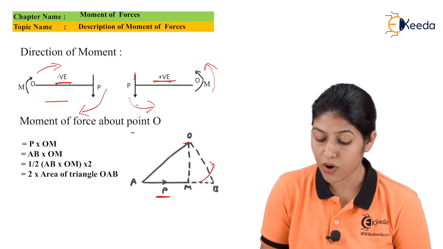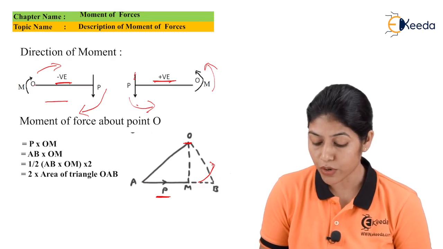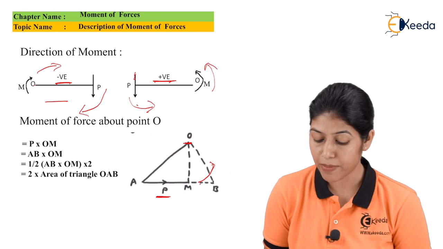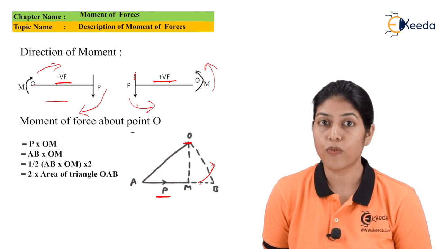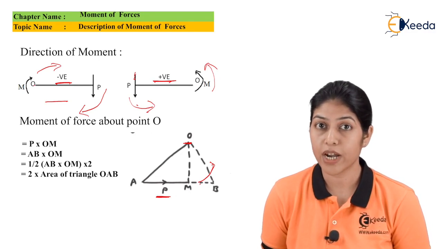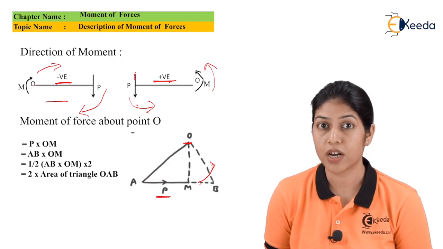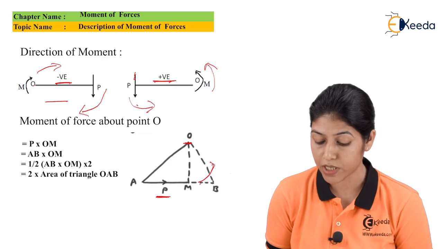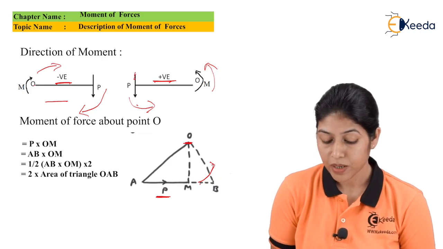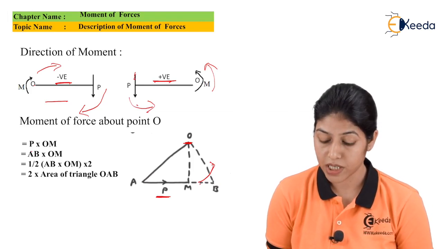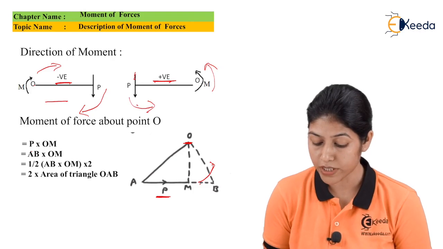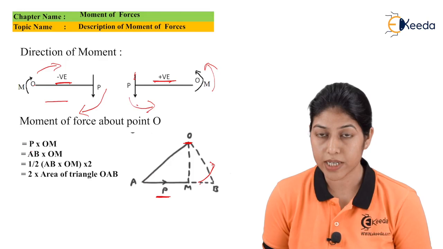If we draw a perpendicular from point O up to this line AB, this is represented by OM. So if we want to find the equation of moment for this condition, the moment of force about this point O will be P into OM. P is the force and OM is the perpendicular distance.